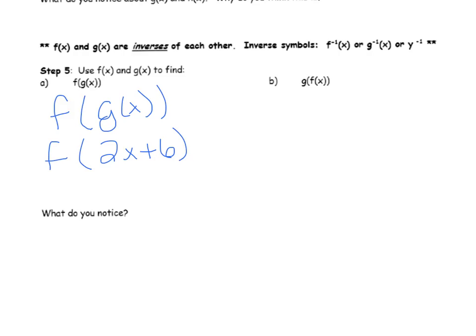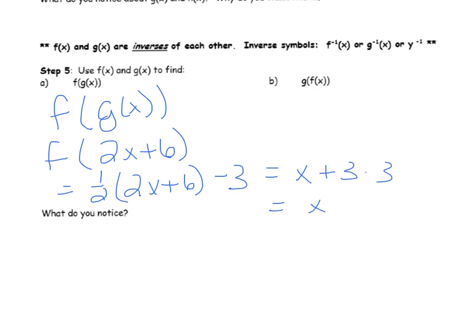So I want to plug that into f, the 2x plus 6, and that's going to give me 1/2 of the 2x plus 6 minus 3, which equals 1/2 of 2x is x, 1/2 of 6 is 3, minus 3 equals x.